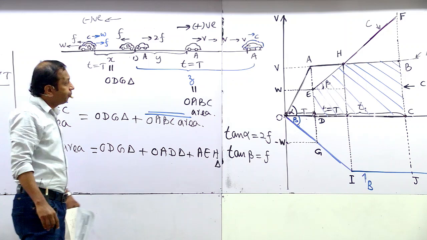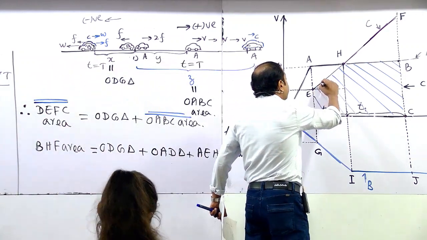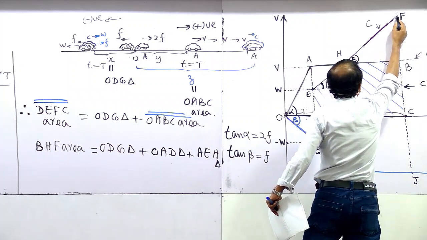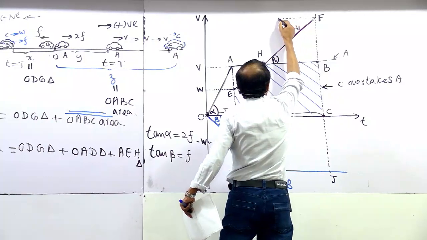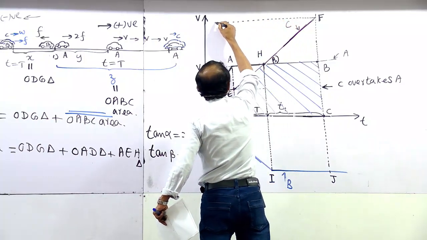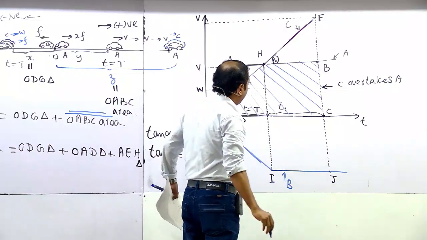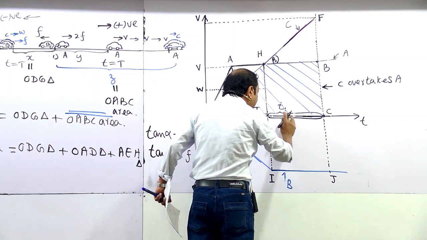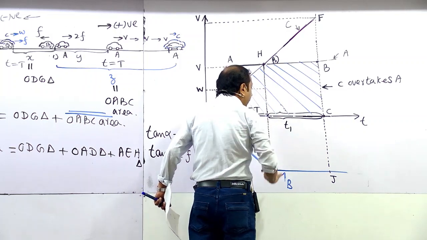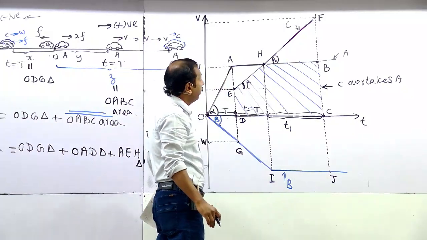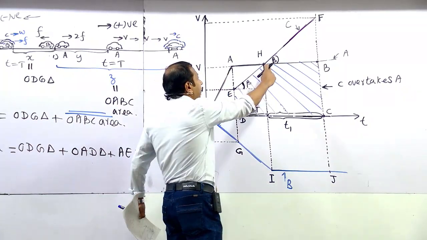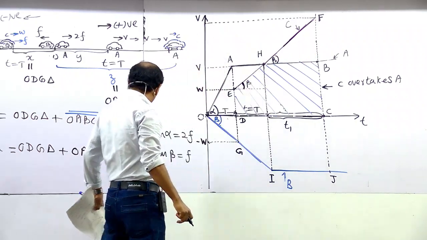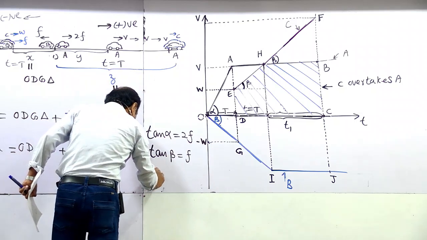Now you know this angle is beta, therefore this is also beta. To find this area, we need this height. I have assumed this time as T1. Then, using the tan beta ratio here, you can find this height. We'll keep this as star.